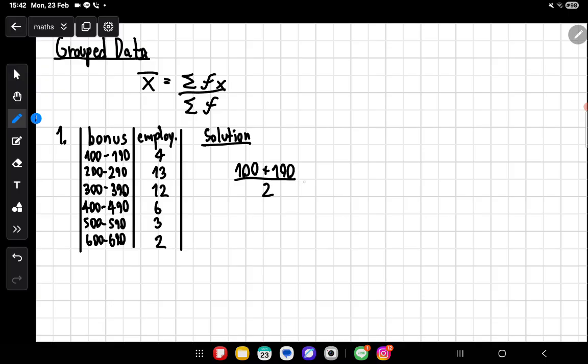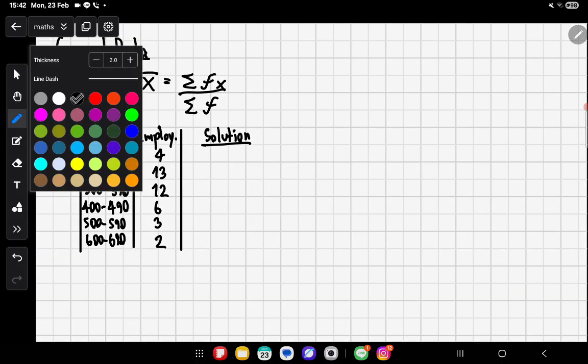You divide that by 2 and you will get x. So x is 145. Then you can get 145, 245, 345, and so on. So we're going to write that as a new table.